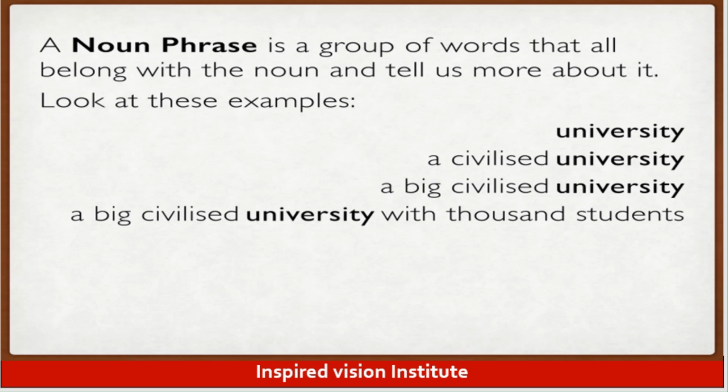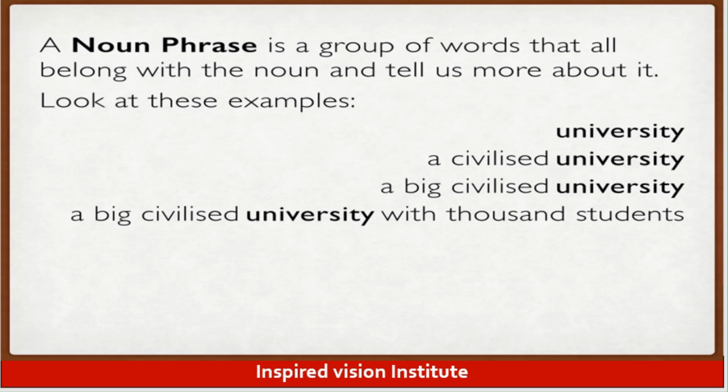Look at these examples. For example, we have a word university. University is a noun, so it is a single word. Then we say a civilized university. Civilized university is now a combination of words.